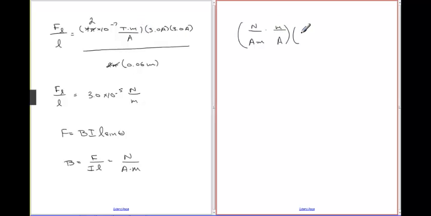And then we multiply by amps squared because we've got amp times amp, and we divide by meters from the denominator here. So this cancels out with that. These cancel out with that. And so what you end up with is newtons divided by 1, divided by meter, divided by 1.